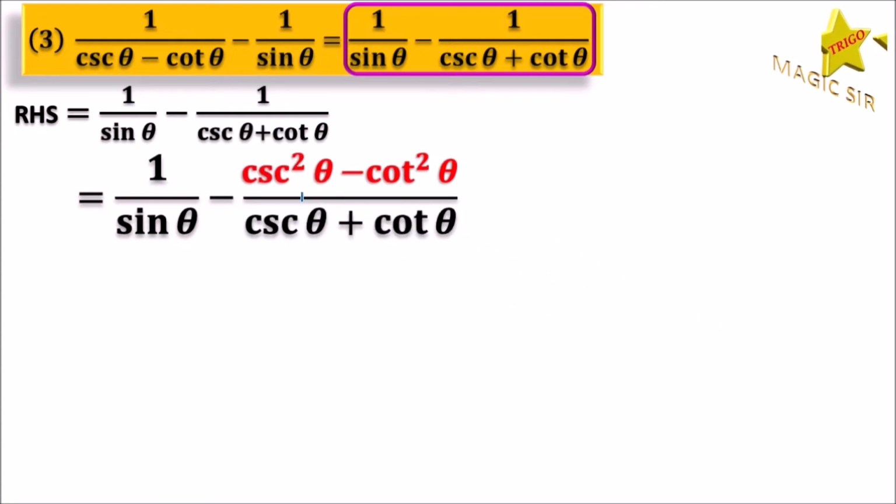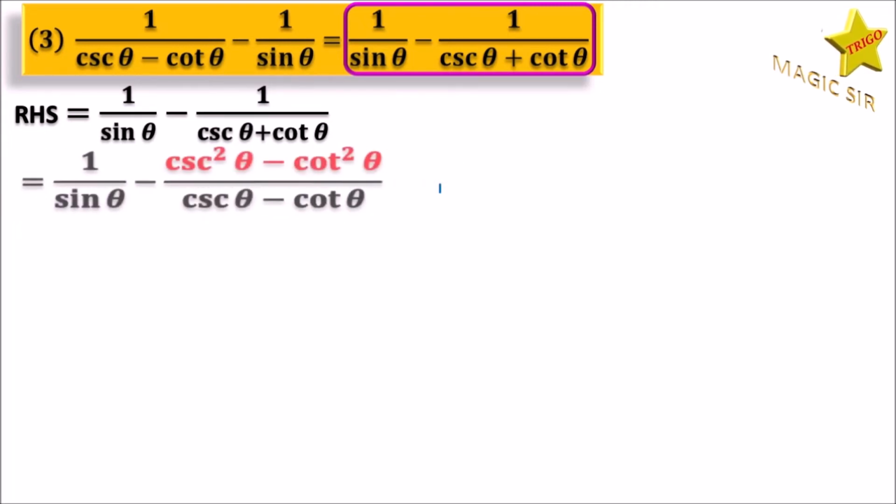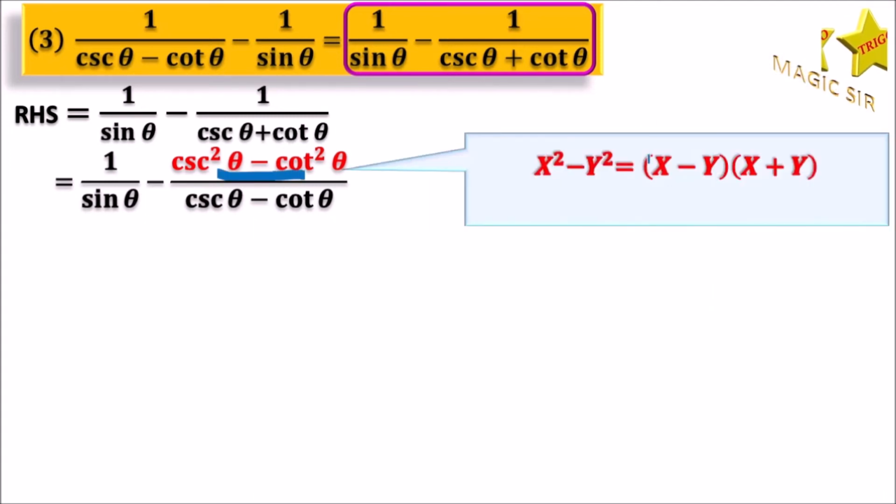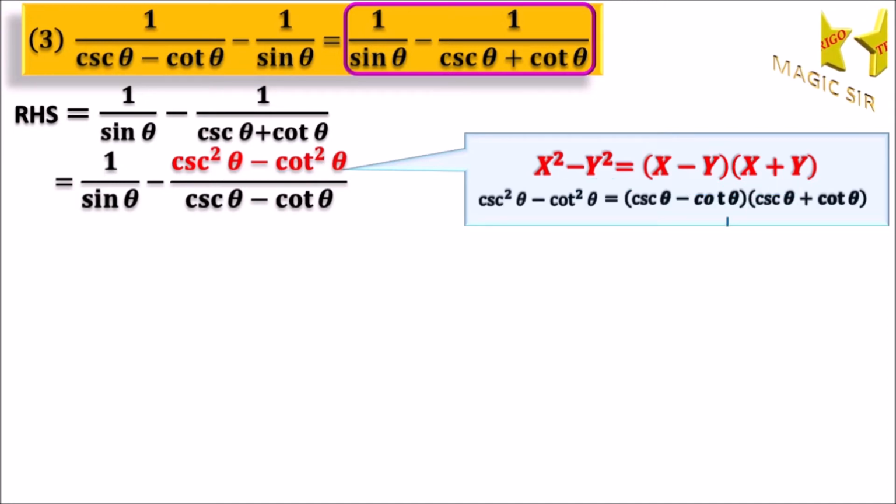So we can replace 1 with cosec square theta minus cot square theta. Now apply the formula of x square minus y square equal to x minus y into x plus y. Let us suppose x equal to cosec theta and y equal to cot theta.